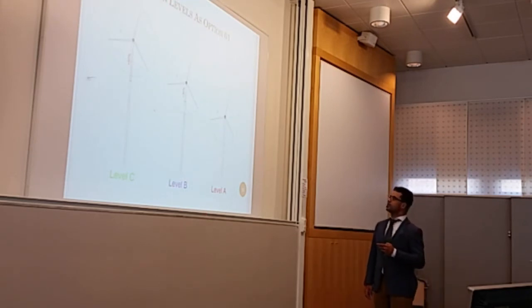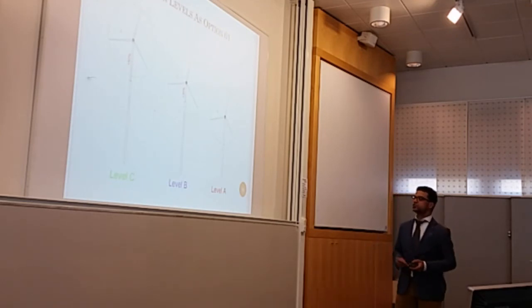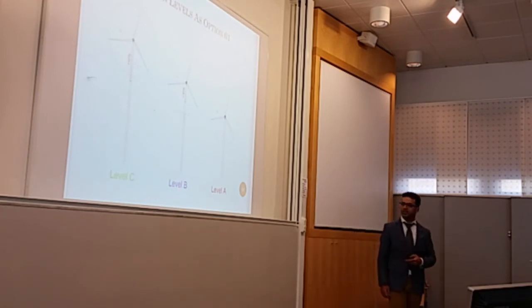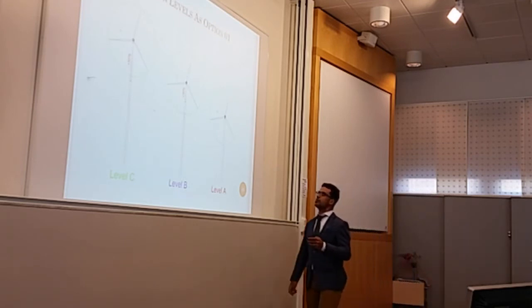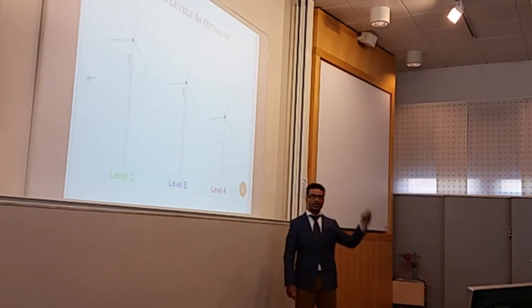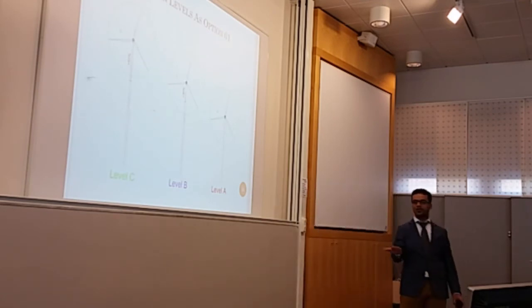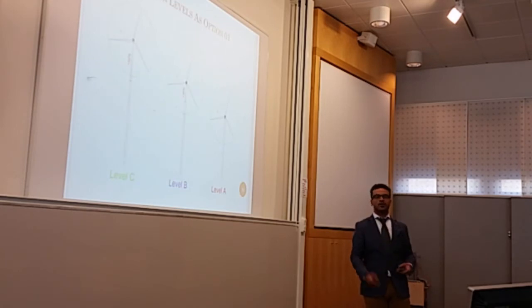Level B: the wind was very high, but when the wind starts to decrease and the power starts to decrease, we get help from level B, and they switch on the hydraulic system to provide a 30% hub height increase, because we get two things: an increase in the velocity of air and in density, because as we go up, it will be colder. Colder means the density of air will be higher. So this will help us produce more energy.